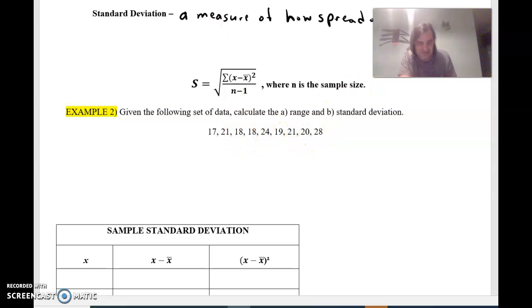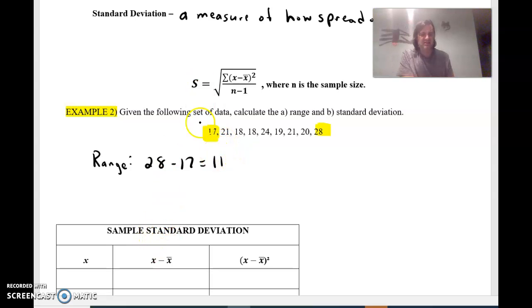I can look through here and find my biggest number, which appears to be 28, and my smallest number appears to be 17. It wasn't intentional to put them at the front and the end, but the range would be 28 minus 17, which is 11.